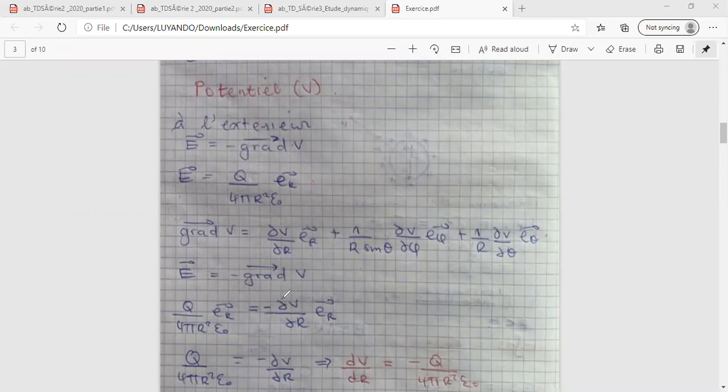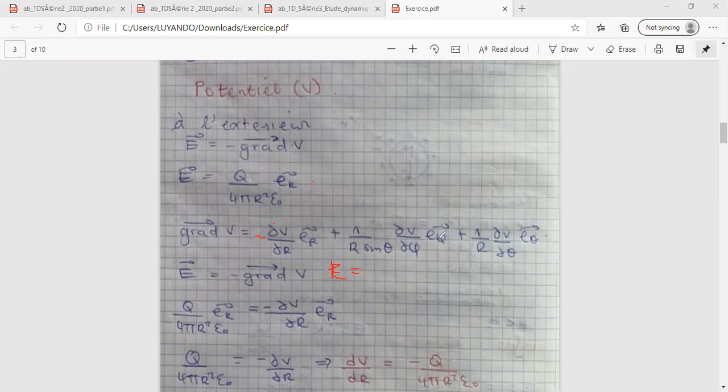If my E is equal to a negative grad of V, then all this expression is going to be negated.